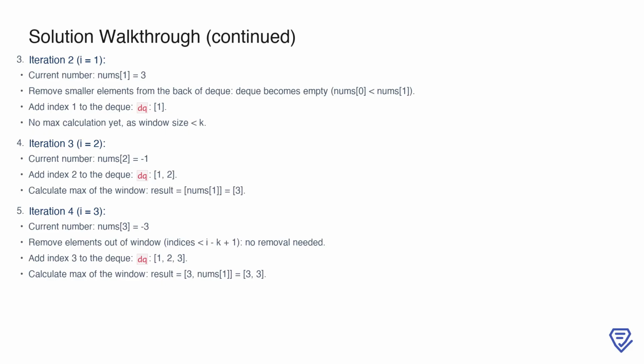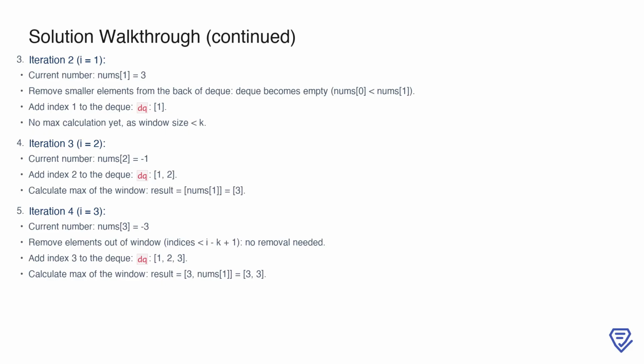On the third iteration, i equals 2, the current number is -1. This time, no elements are removed from the deque since -1 is not greater than the current maximum in the deque. We add index 2 to the deque, which now holds 1, 2. Now that the window size equals k, we calculate the maximum for this window, which is nums[1] or 3.